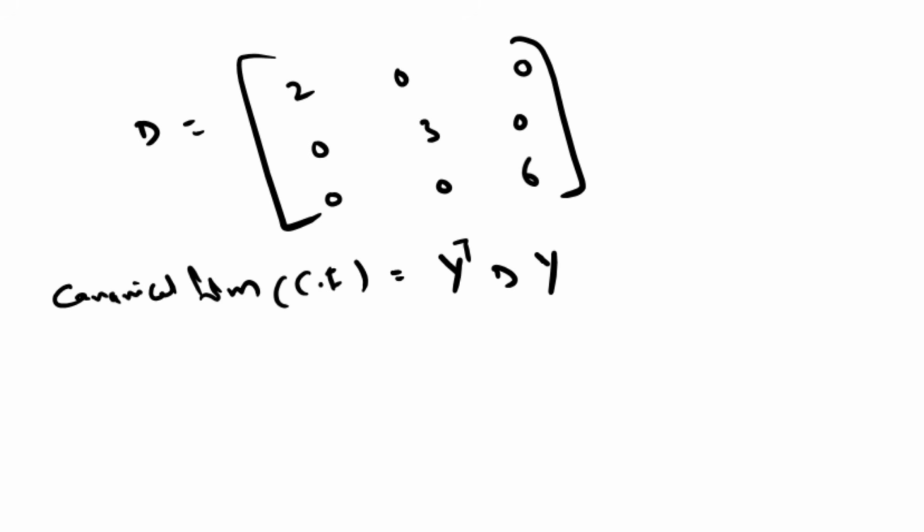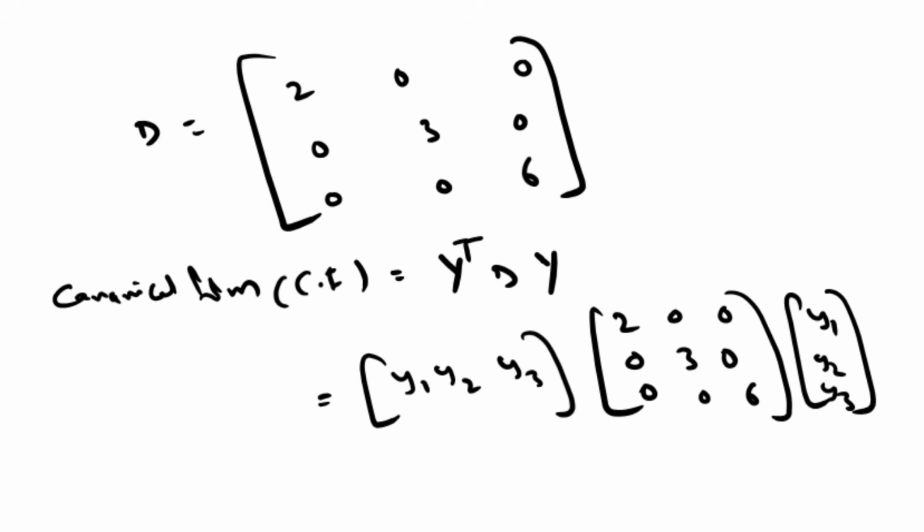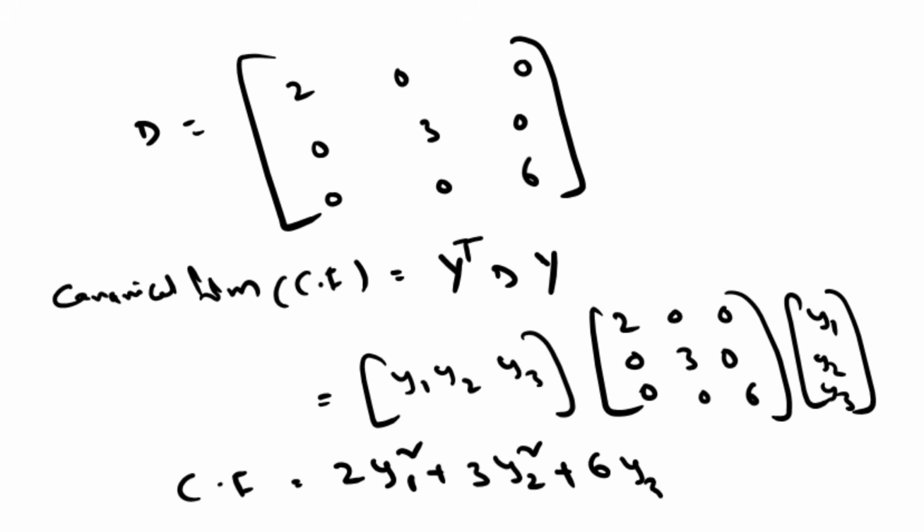Now the canonical form Y transpose TY, which is equals to [Y1, Y2, Y3] into the diagonal matrix [2 0 0; 0 3 0; 0 0 6] into Y, where Y is Y1, Y2, Y3. Therefore, canonical form is equals to 2y1 square plus 3y2 square plus 6y3 square.